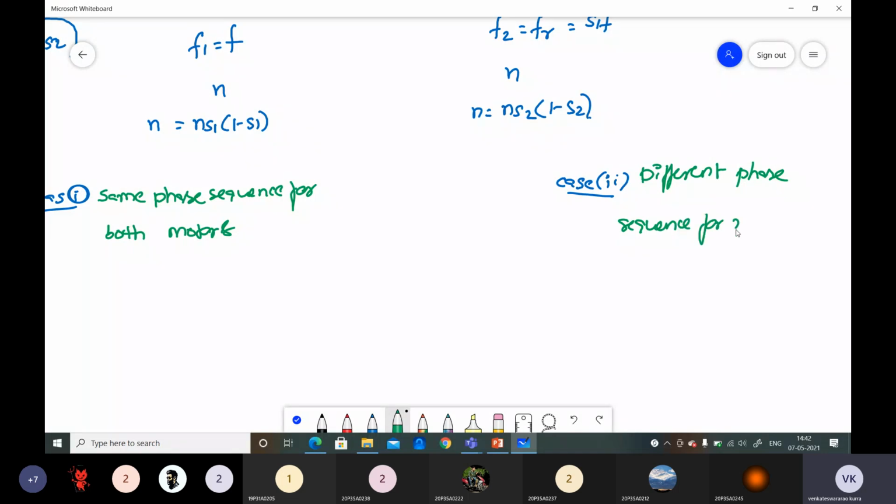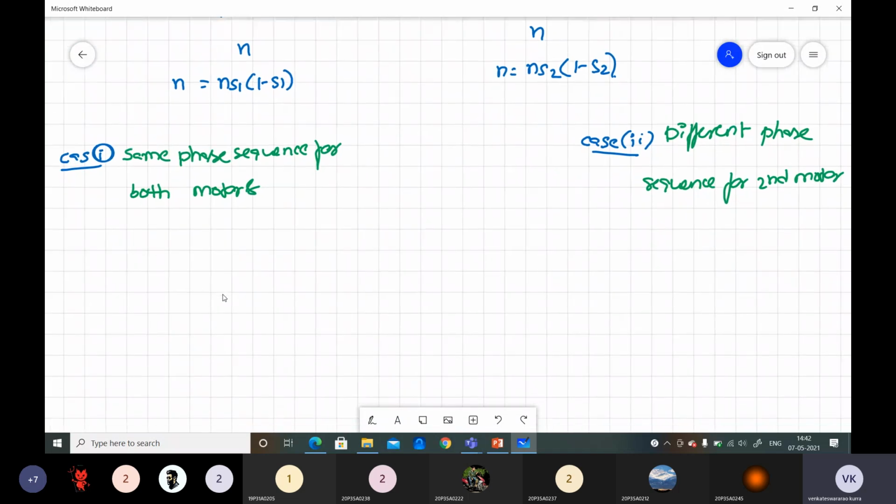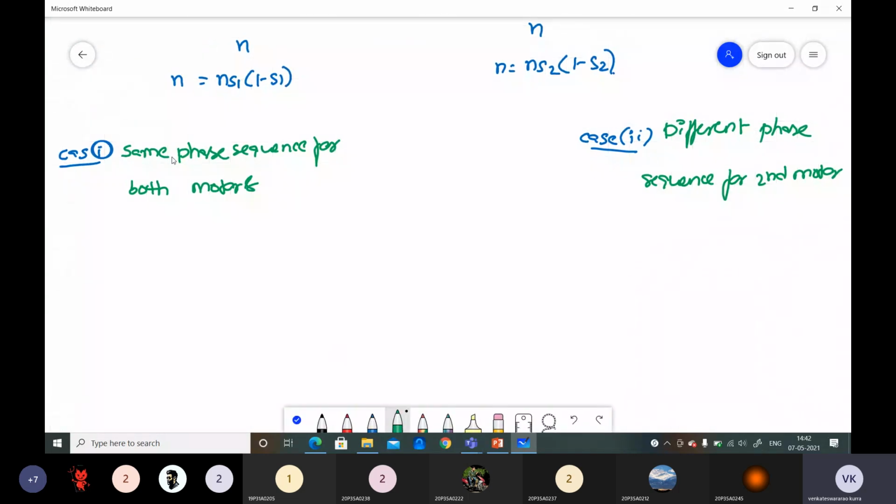For the second motor, in the first case, both the motors are supplied with the same phase sequence. Then ns1 into 1 minus s1 equal to ns2 into 1 minus s2.